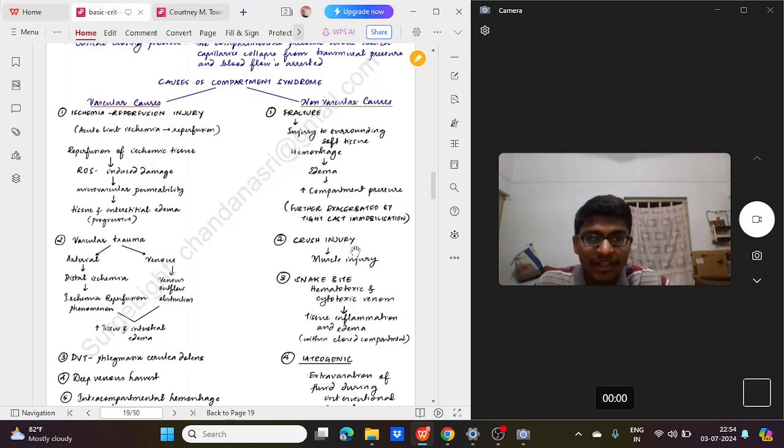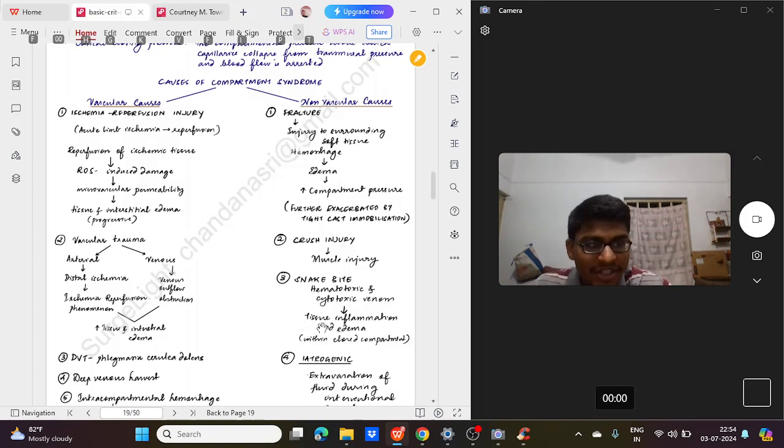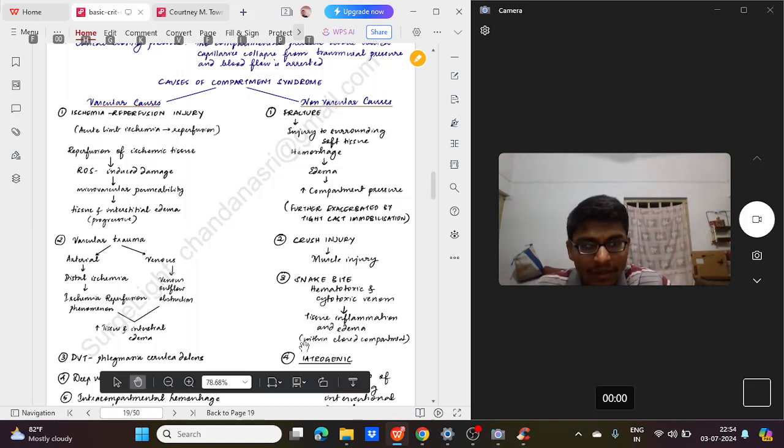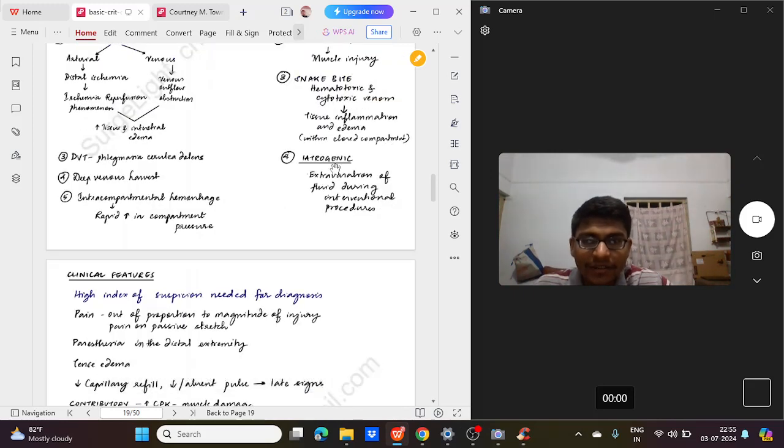Then crush injury, where we see muscle injury resulting in the increased pressure. Then snake bite, which has hemotoxic and cytotoxic venom, resulting in tissue inflammation and edema. And since there is a closed compartment, there will be increased pressure.